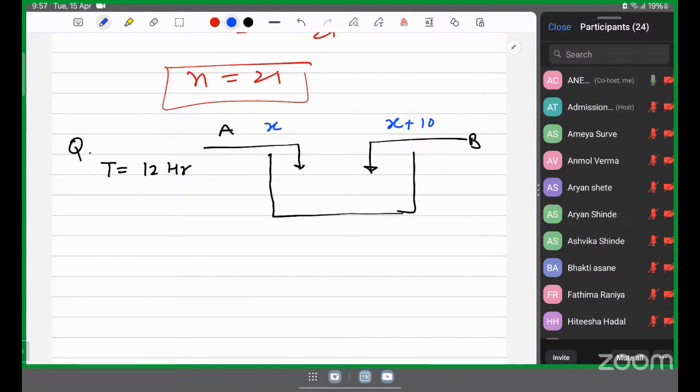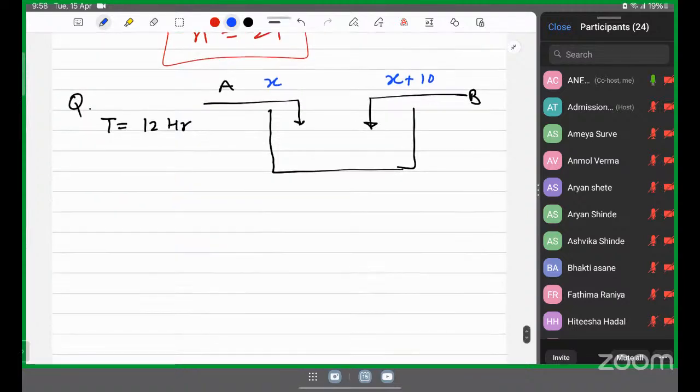Now the question is, how many hours does it take the second pipe to fill the tank? Okay. So let's say pipe A takes X hours and B will take X plus 10. For 1 hour, this will be 1 by X, this will be 1 by X plus 10. And if they both are working together, this will be 1 by 12.